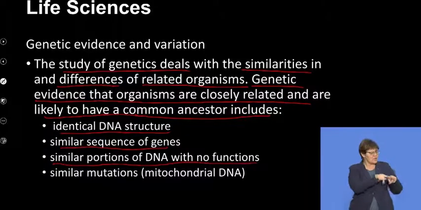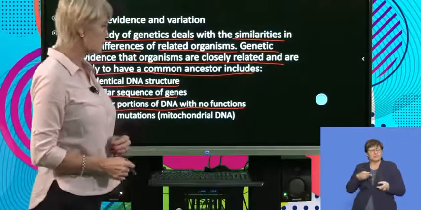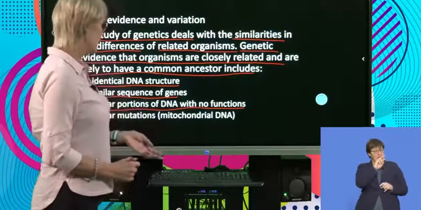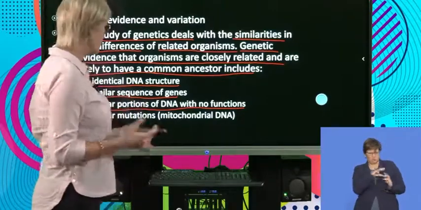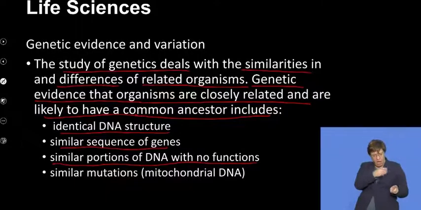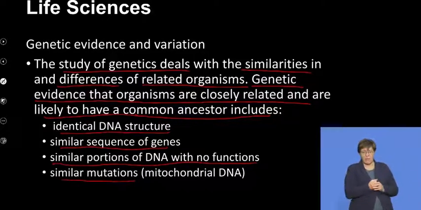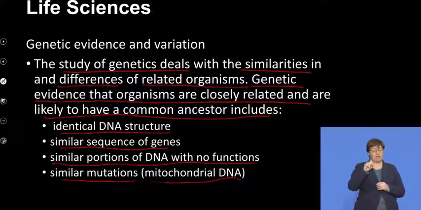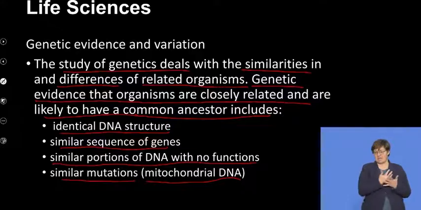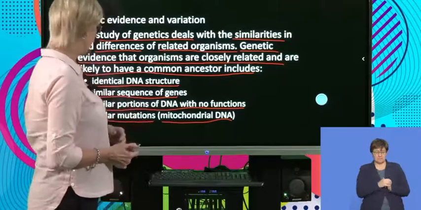That is the junk DNA we learnt about when we studied DNA, which doesn't actually code for a gene. And then similar mutations. Particularly we look at mitochondrial DNA because mutations occur in it a lot quicker, and it's quite easy to see them.